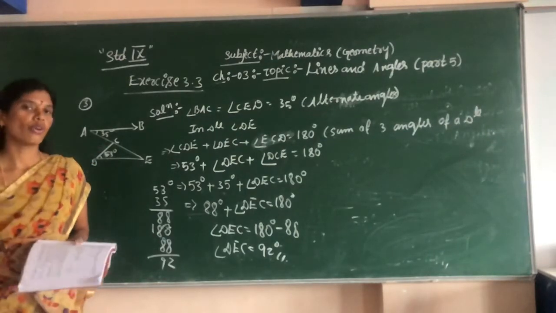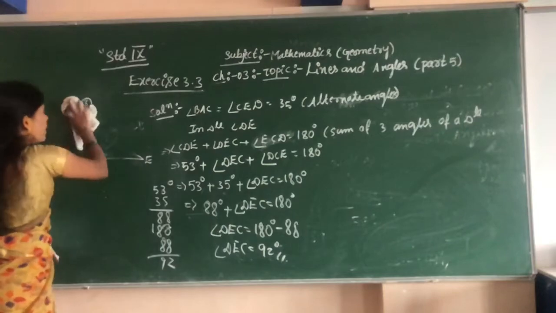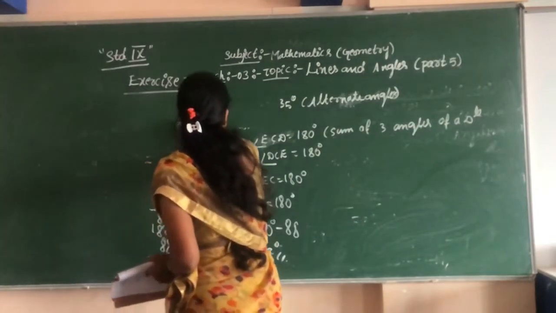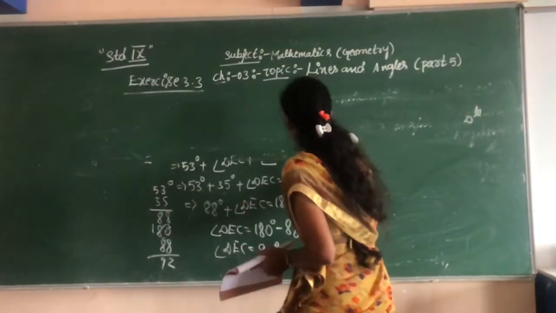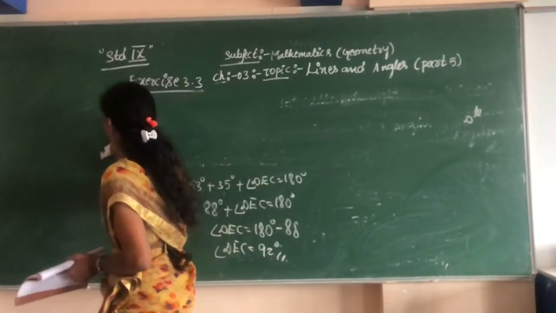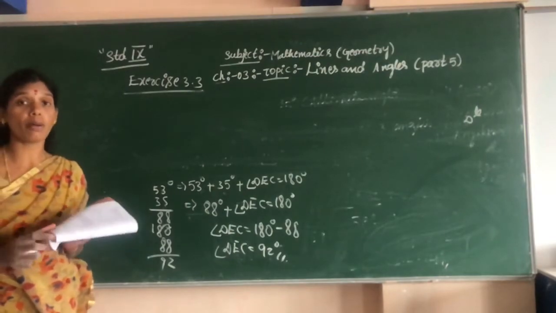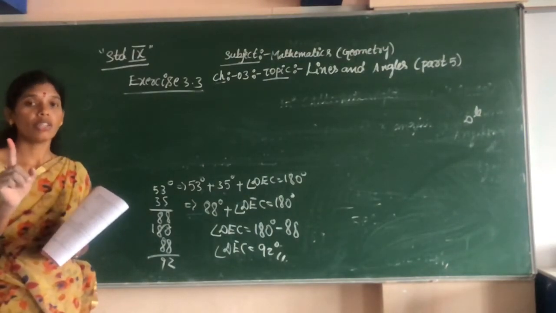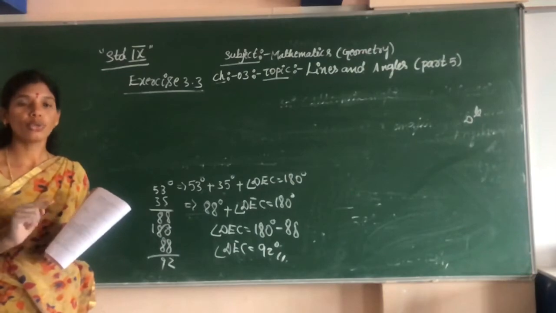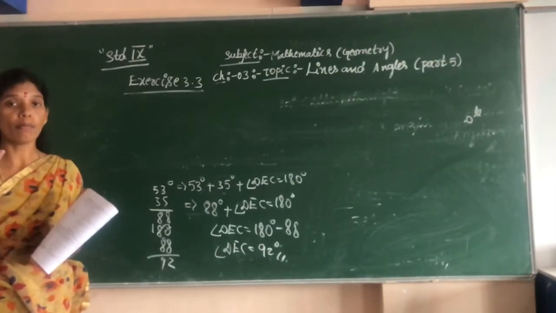Okay, children. Any doubts, please ask. Ishwan, you should do the homework. You should copy example 8 one and copy the notes, and you should do the homework in the homework book only.